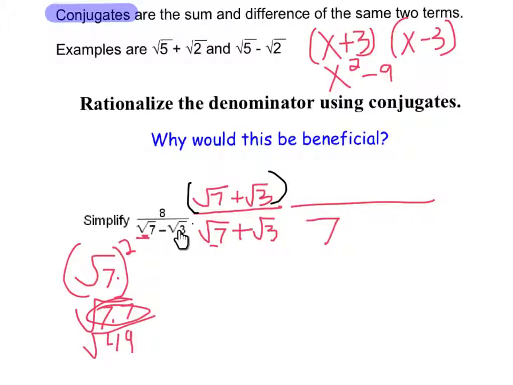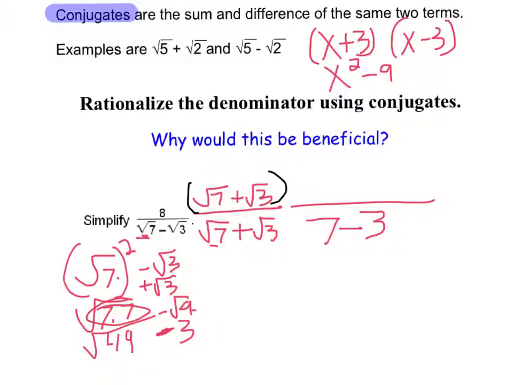Okay, then let's square this. So if I square root 3, that's like saying negative square root 3 multiplied to positive square root 3 gives me negative square root 9. So what's the square root of 9? 3, but the negative stays there. So I basically have 7 minus 3.